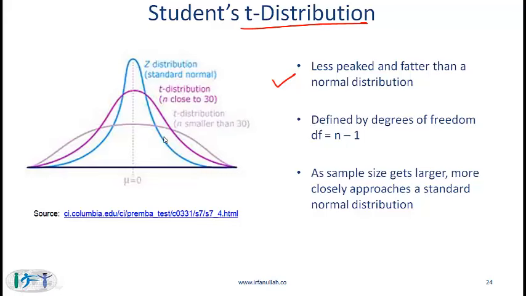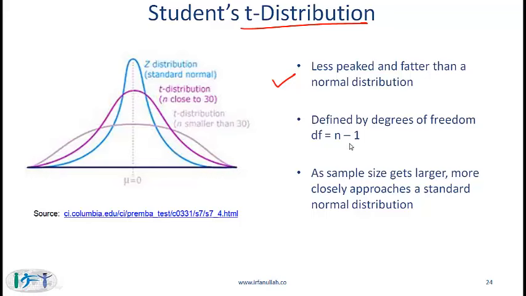Also notice that the t distribution depends on the sample size. When the sample size is small, then the t distribution is very short and fat. As the sample size increases, the t distribution approaches or gets closer to the z distribution.